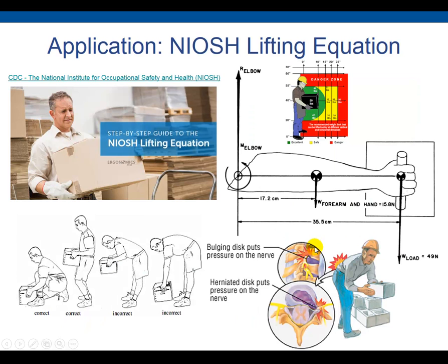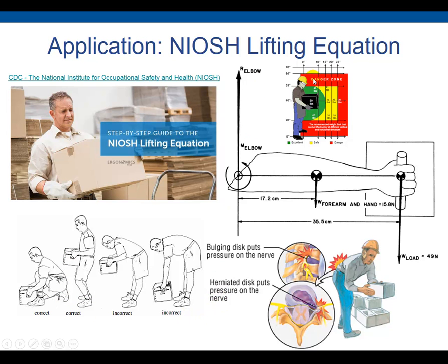That's the idea. And one of the examples I'm going to show is the NIOSH lifting equation. My research area is human factors and ergonomics. In our research domain, we want workers at the workplace not to get hurt when lifting heavy stuff. For example, if this person is lifting a small box, which posture is correct or incorrect?